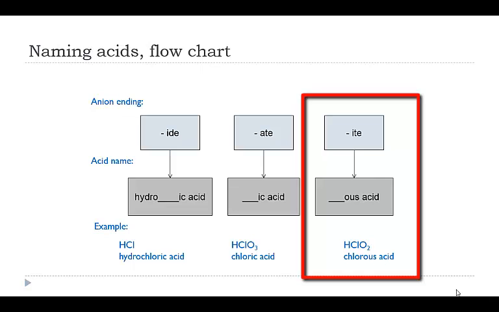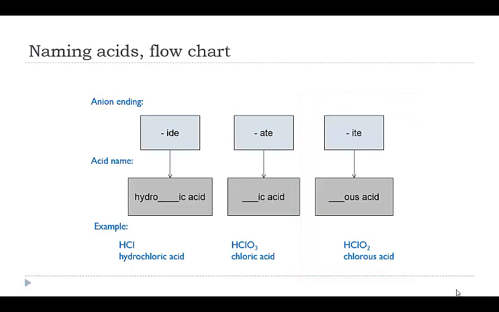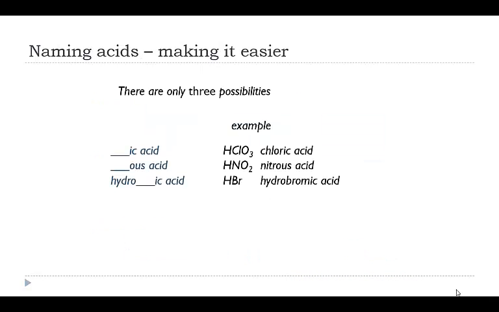So chlorite becomes chlorous acid. Notice there's only three possibilities. We have ic acid, we have ous acid, and we have hydro-ic acid. So even though it seems very complex, it's really not. Only three possibilities: ic acid like chloric acid, ous acid like nitrous acid, and hydro-ic acid like hydrobromic acid.